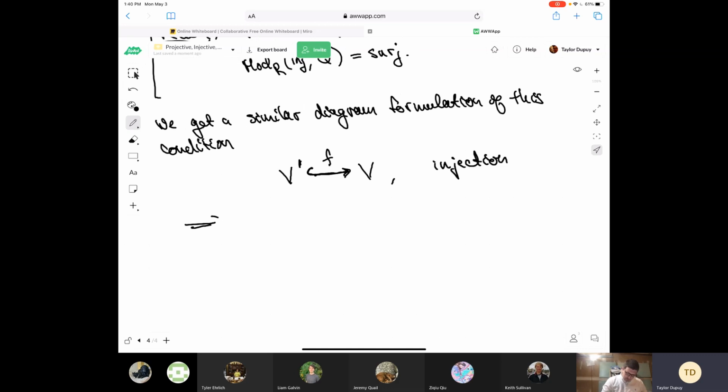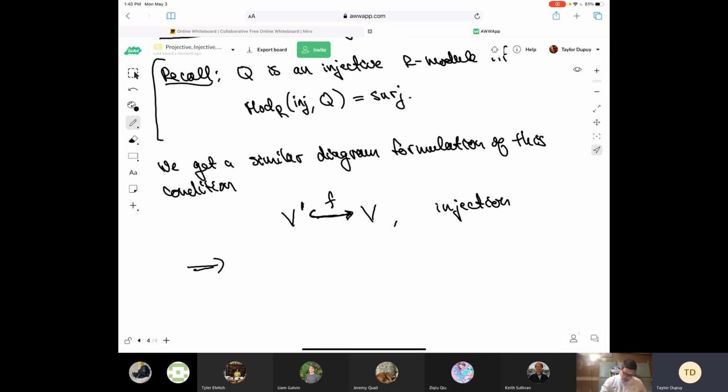So now we're just going to apply Q to this, or the functor co-represented by Q. Now it flips everything, right?